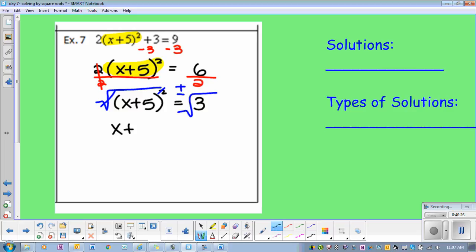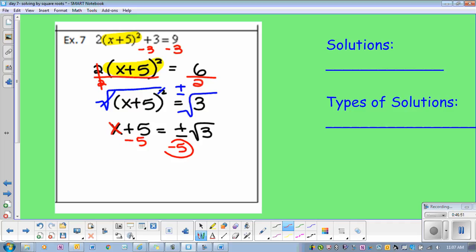Then you have x plus 5 equals plus or minus square root of 3. 3 is a prime number. I can't simplify that anymore, so I leave that. Right? But is this equal to x right now? No. What do I need to do? Subtract the 5.